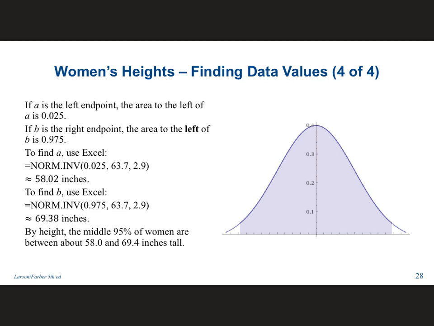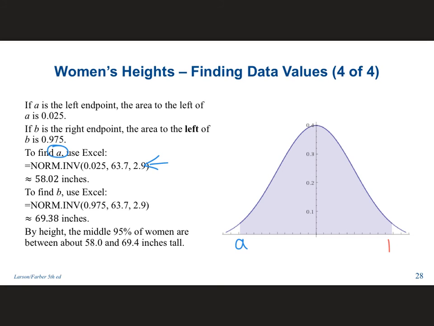And then to actually find those values, you're going to go into Excel and type in equals norm.inv, and to get this A value, so that's this one here, norm.inv, parentheses 0.025, comma 63.7, comma 2.9, and you get 58.02 inches.